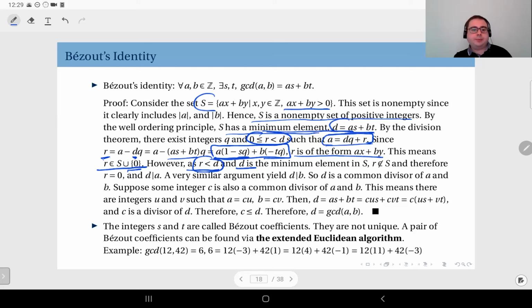Therefore, R cannot be in the set S, which means R must be zero.